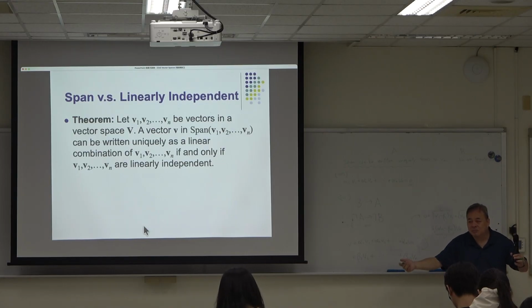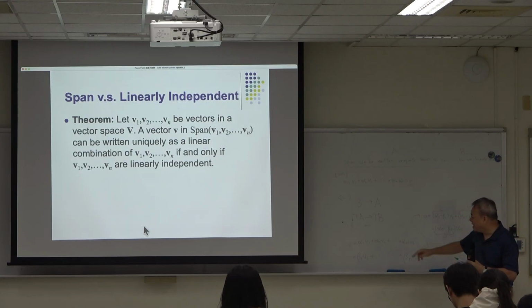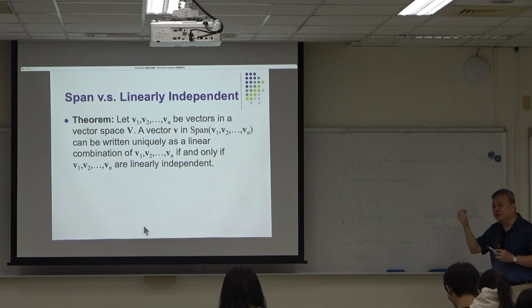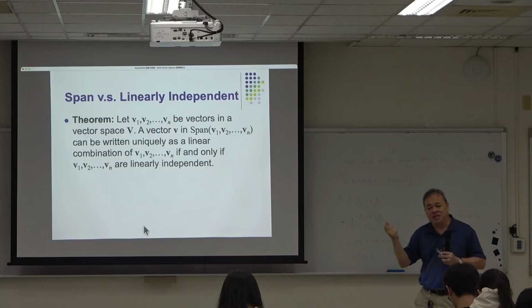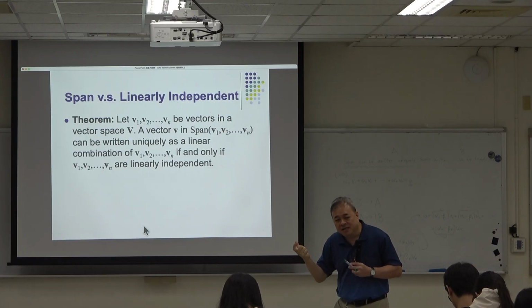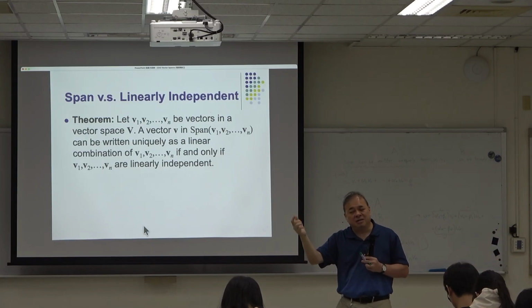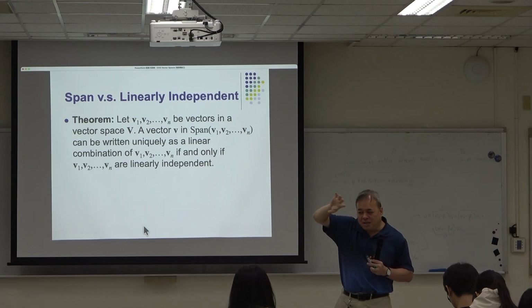But we say they are not unique, so at least one pair of alpha i and beta i is different.